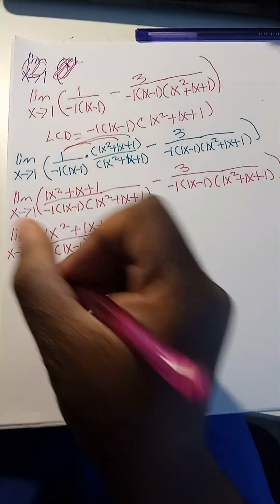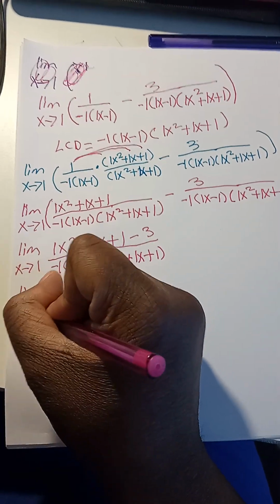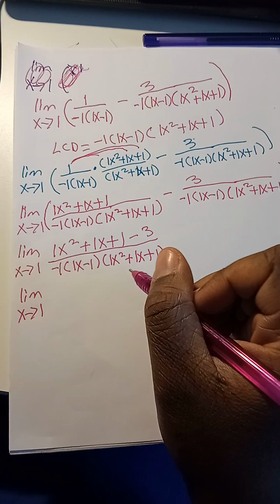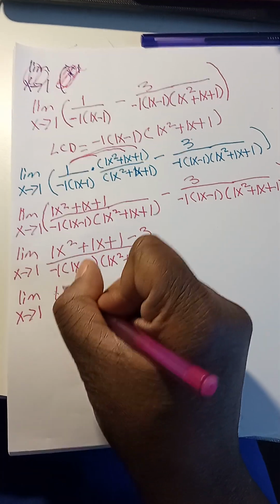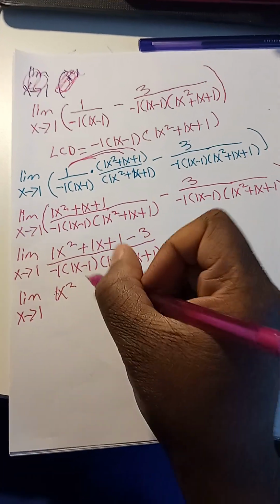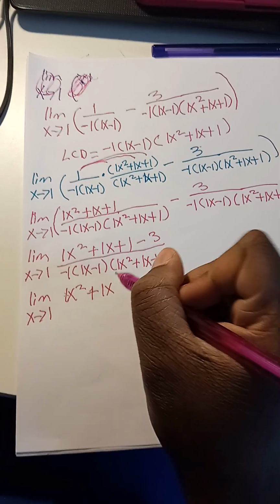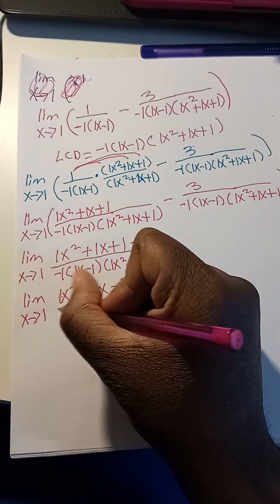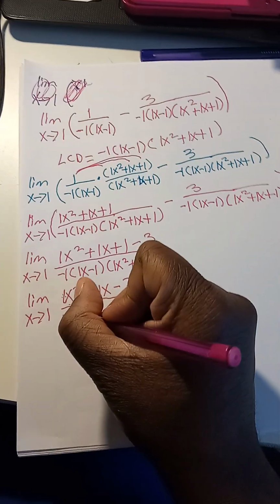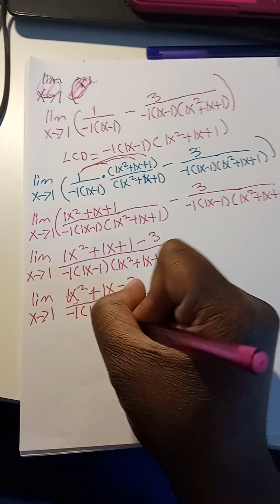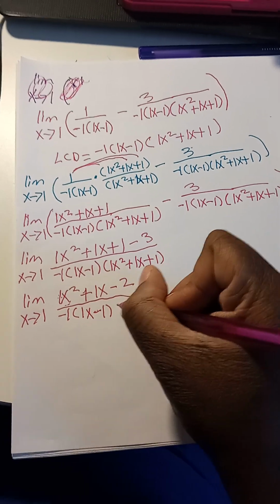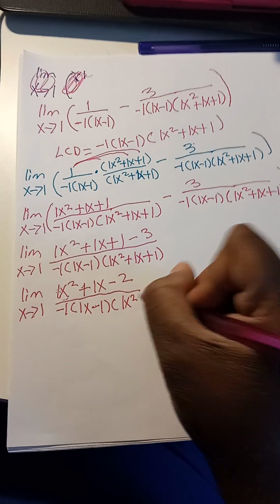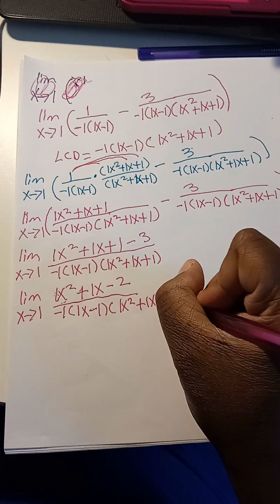So now we combine like terms as the limit of x goes to 1 of 1x squared plus 1x, and 1 minus 3 is minus 2, all divided by -1 times 1x minus 1 times 1x squared plus 1x plus 1.